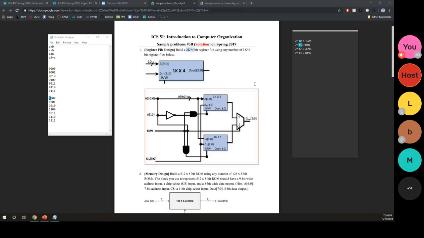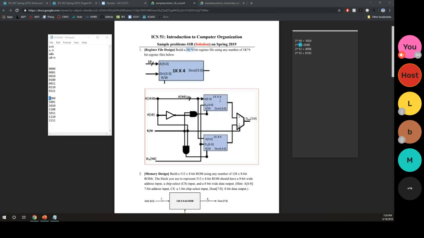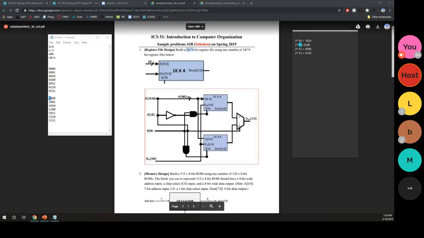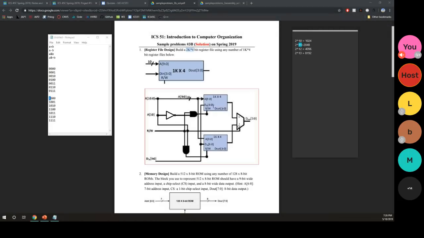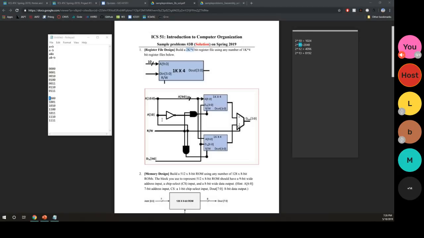But yeah, this is a register file. Inside of it, there are registers. The registers are selected based on this address, but you have to select between this register file or this register file based on the most significant bit.